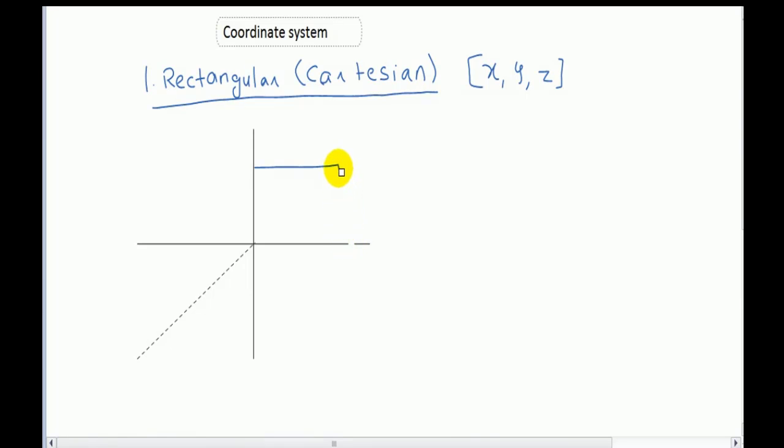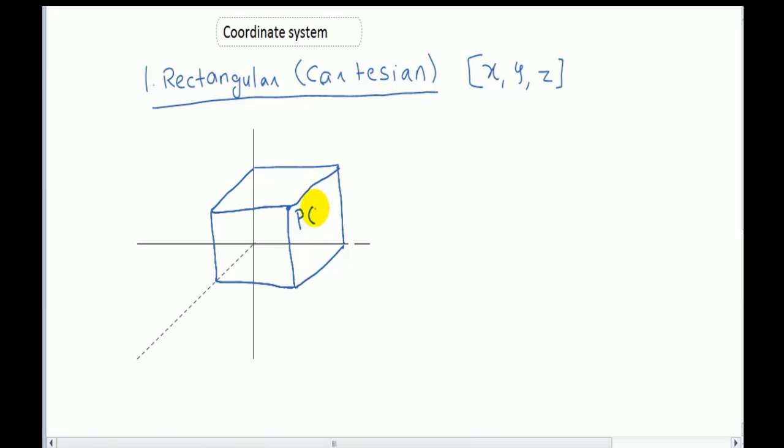suppose I draw here a cube. Suppose I am talking about this point.